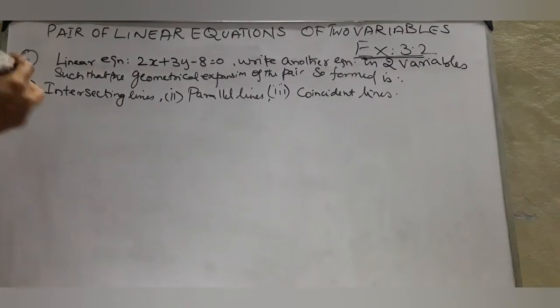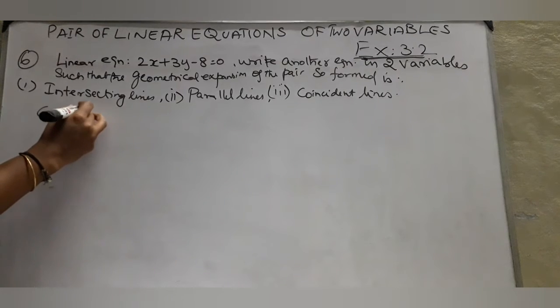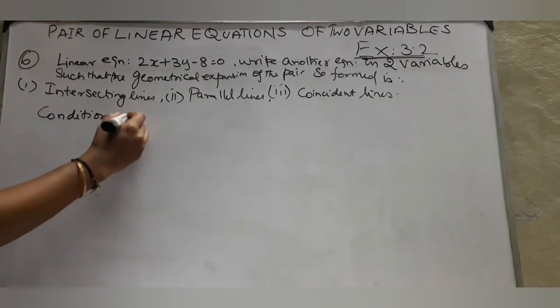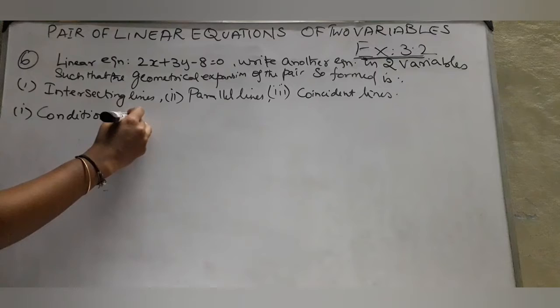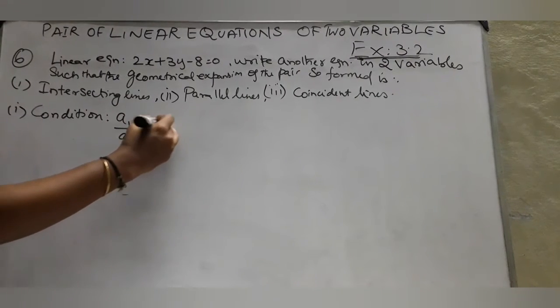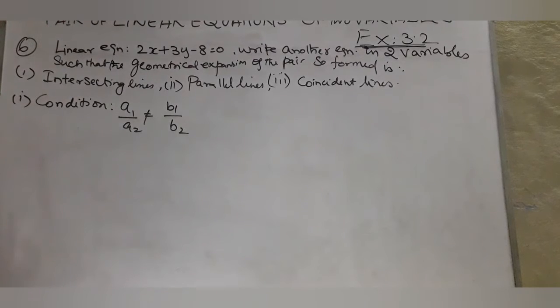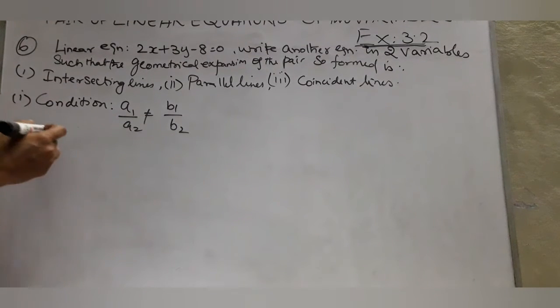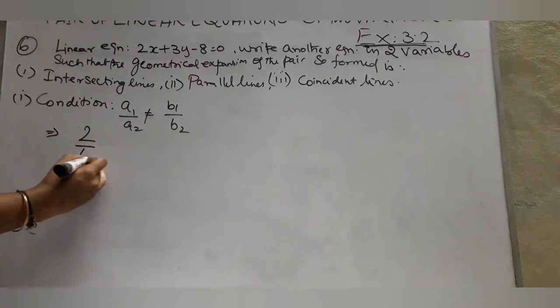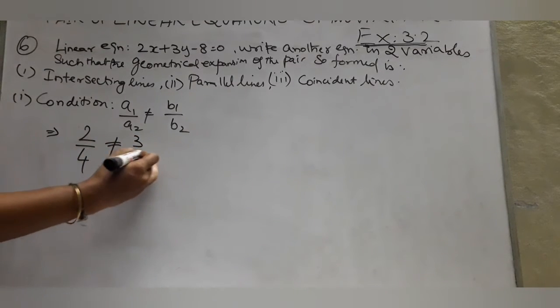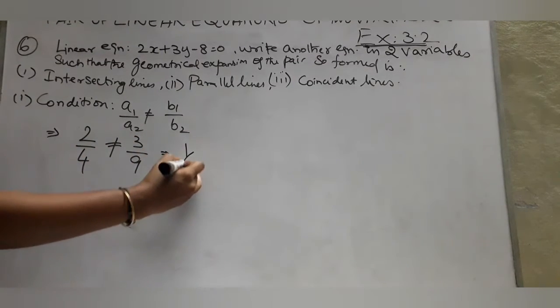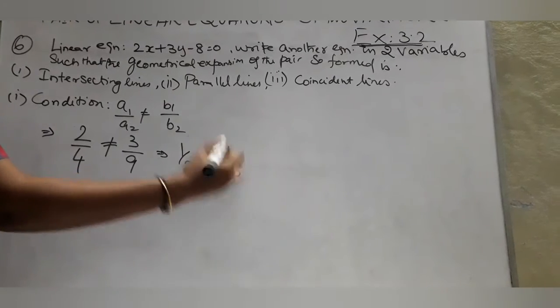We have to know the condition for intersecting lines: A1 by A2 is not equal to B1 by B2. Means 2 by 4 is not equal to 3 by 9. That means 1 by 2 is not equal to 1 by 3.